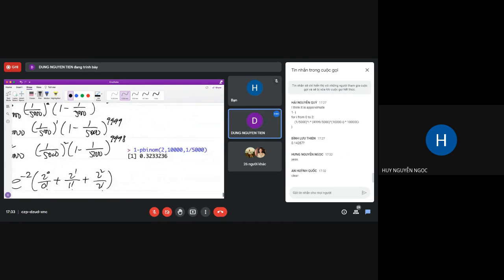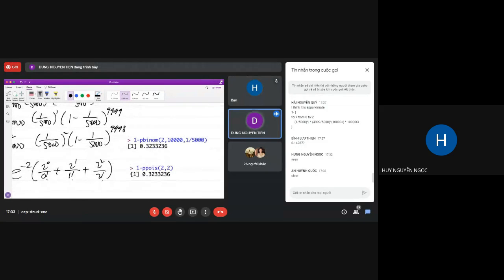And if you use the Poisson distribution, you get a very similar result. Okay, makes sense?